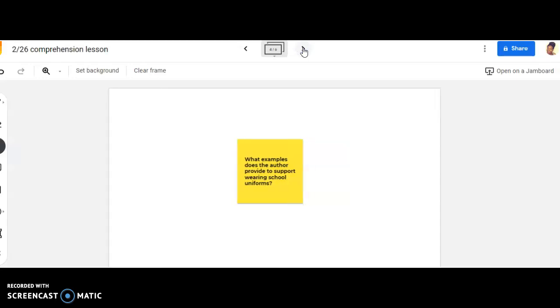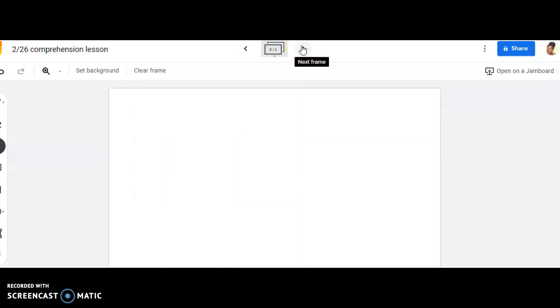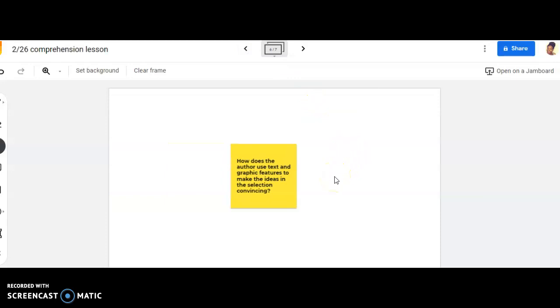On frame 4, we have, what examples does the author provide to support wearing school uniforms? Slide 5 is blank for extra space. And then on frame 6, it says, how does the author use text and graphic features to make the ideas in this selection convincing? So how are the illustrations and the photographs and the captions, the headings, things like that, how are they used to make this text more convincing?